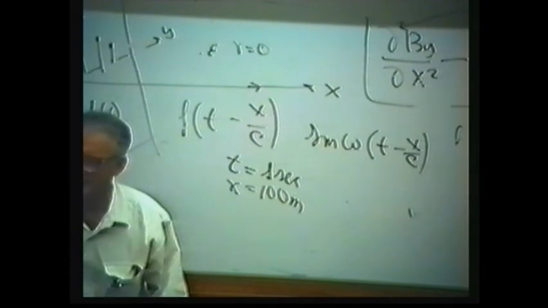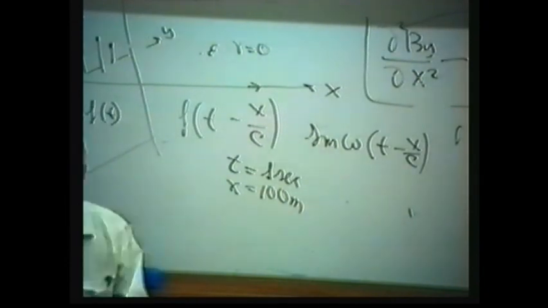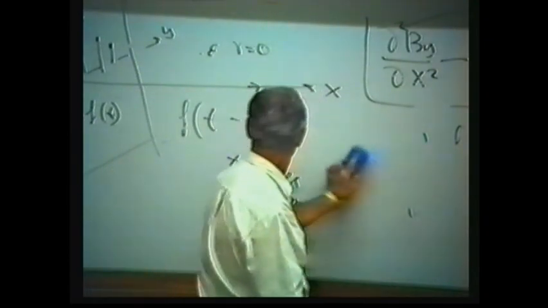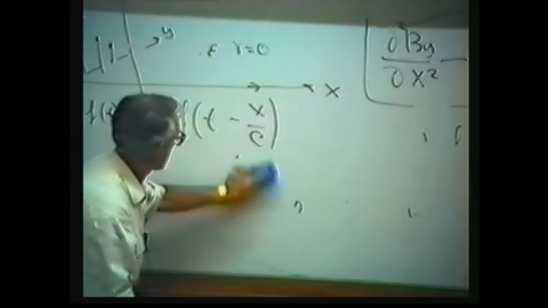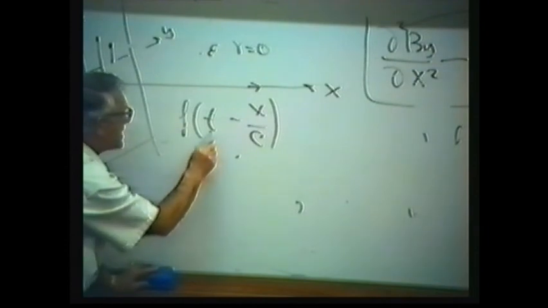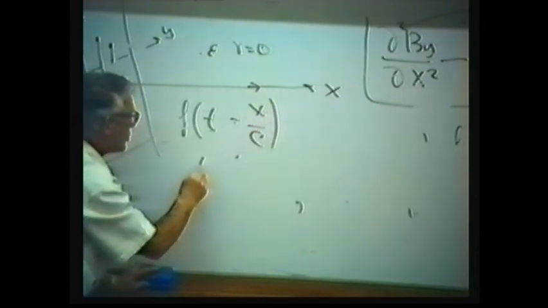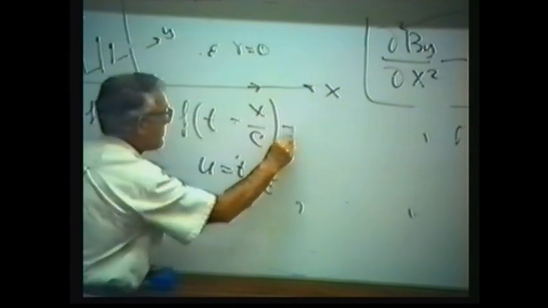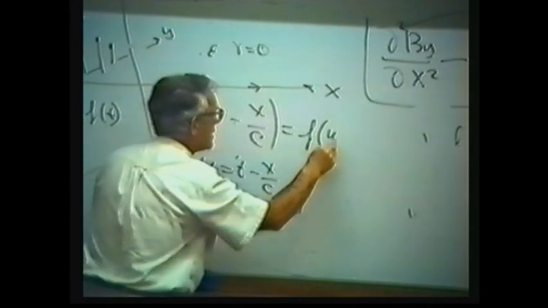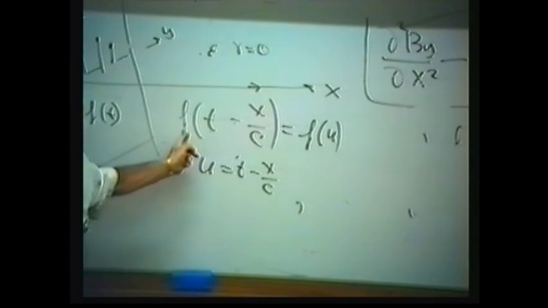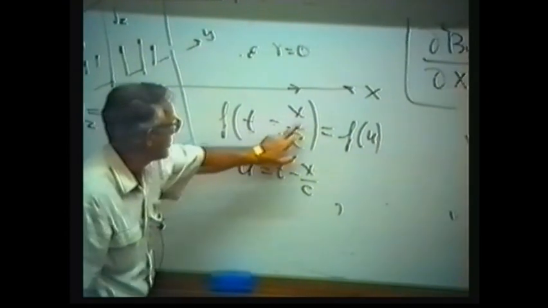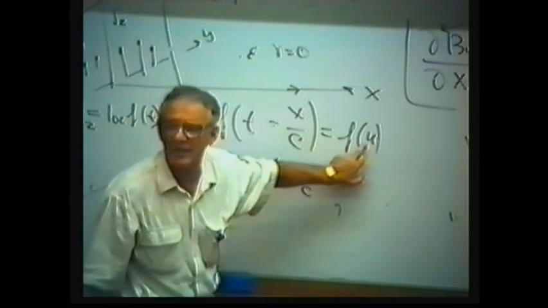It's not clear? No problem, I will repeat. Let me call t minus x over c, u. u equals t minus x over c, function f of u. This function, our field, does not depend separately on time and x. It's defined by this argument, u.